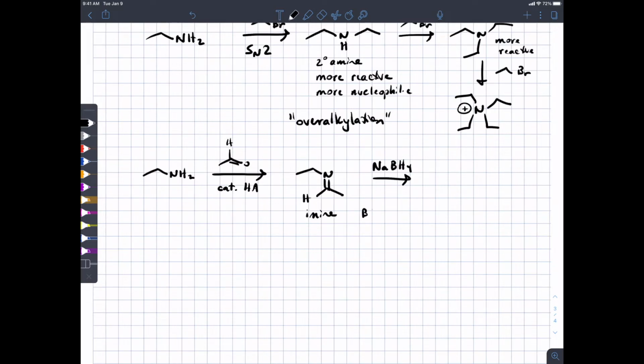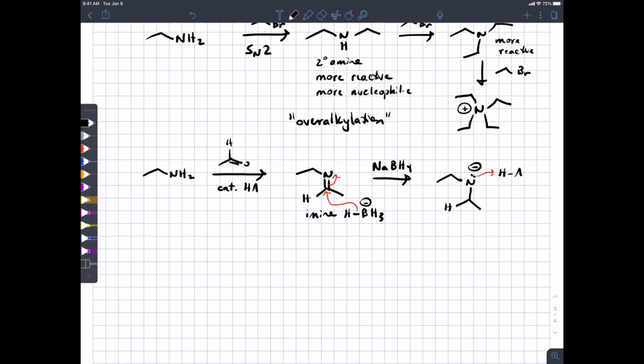and then we're going to reduce the imine with sodium borohydride. Remember, this is a reagent that can deliver H- to ketones and aldehydes. It works for imines too via the same mechanism. We deliver the hydride to the pi star at the carbonyl carbon. We break the pi bond. That generates this negatively charged intermediate, which will pick up a proton from somewhere and definitely in aqueous workup.